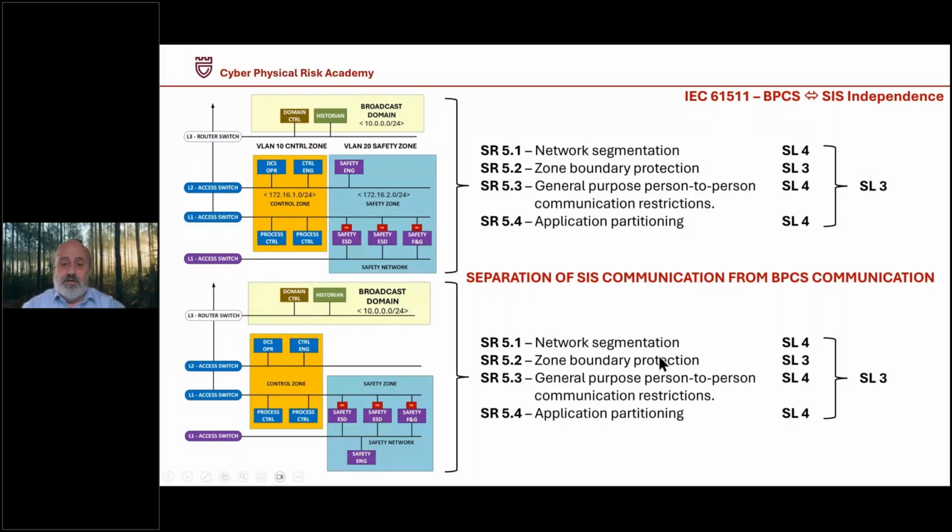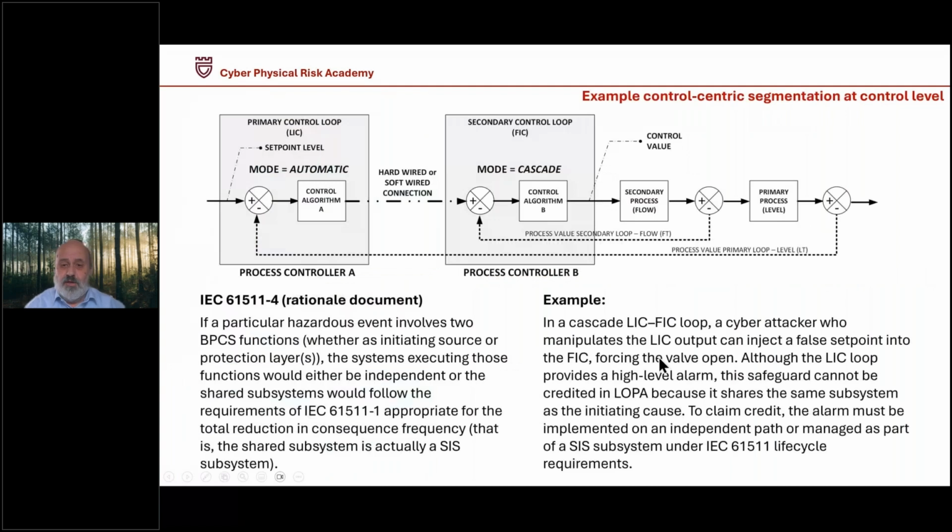This is another issue. It only comes up with a control-centric segmentation view. When you look at a hazard, say a valve fails open, maybe I have a tank filling mechanism with a valve filling the tank, and if that fails open, the fluid keeps coming into the tank continuously and might overfill it.